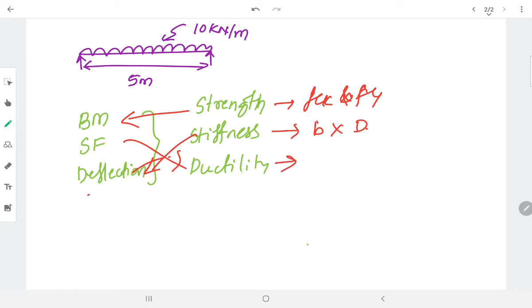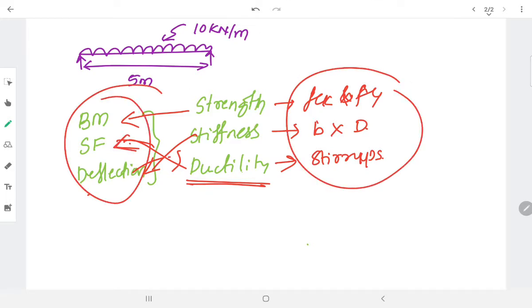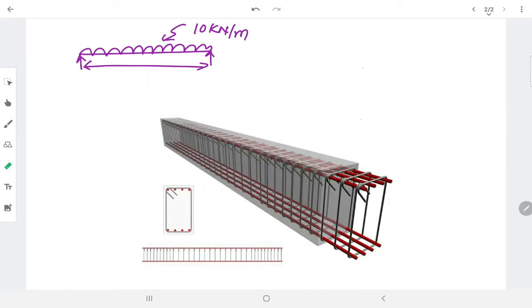Ductility will be provided by the stirrups, or you might have seen rings in the beam. That leads to the ductility and it avoids the shear failure of a beam. When we find solutions for these three problems, easily you can call it the perfect design.